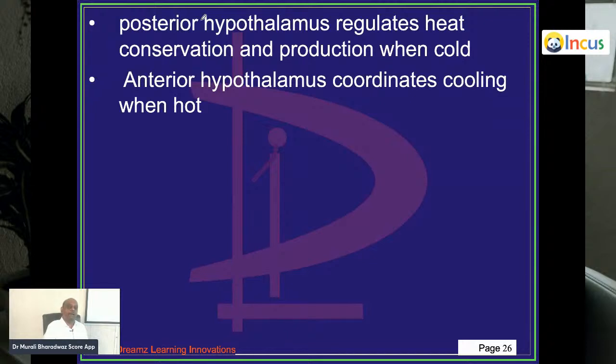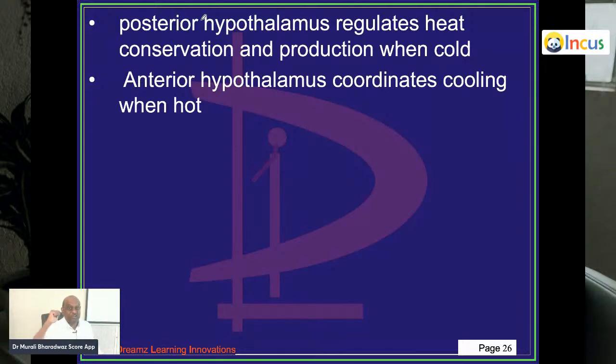So you need to remember, posterior hypothalamus regulates conservation of the heat. When you are cold, you start shivering because of the posterior hypothalamus. How will you remember? Whenever you are having shivering, we say, oh, I'm having shivering in my spine.